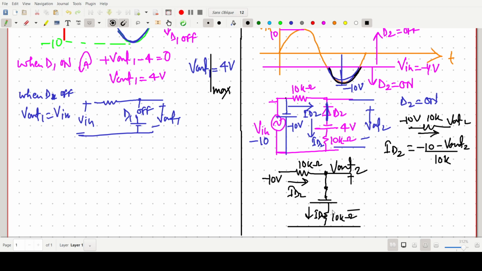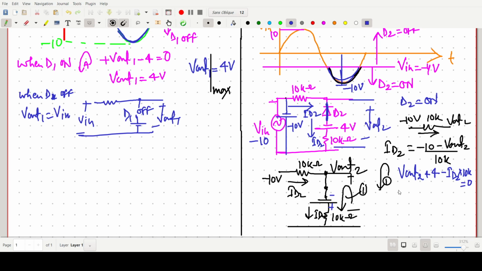Now from this one also we can find the value of ID2 by writing a KVL equation. Say KVL at 1. So what can we write? V output 2, and this way minus plus, so it should be plus 4 minus ID2 into 10k equals 0.